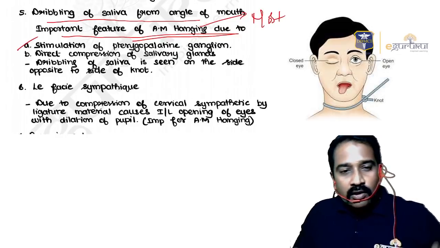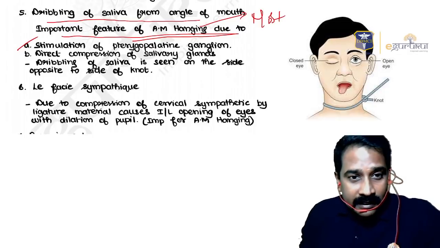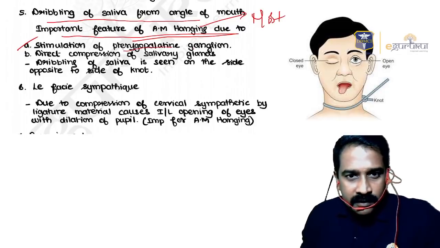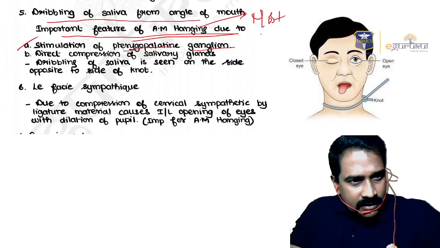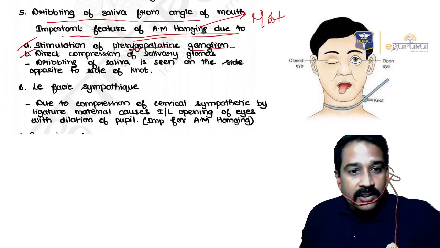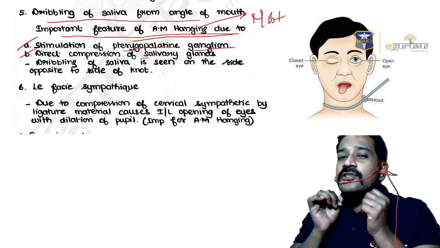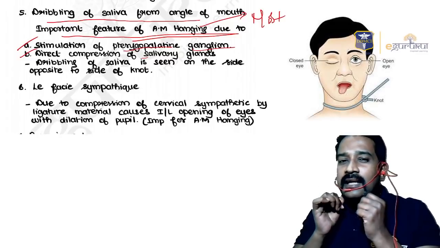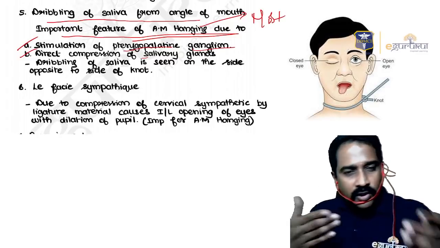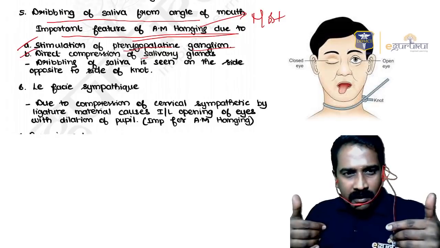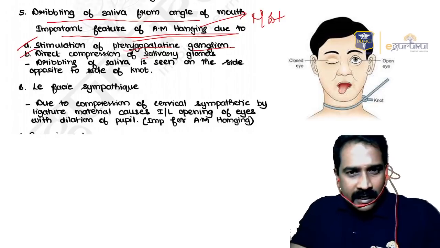One, stimulation of the pterygopalatine ganglion. And second, direct compression of the salivary glands. Whenever the ligature material compresses upon the submandibular glands mainly, there is irritation and production of more saliva, causing dribbling of saliva. So these are the two mechanisms of dribbling of saliva.